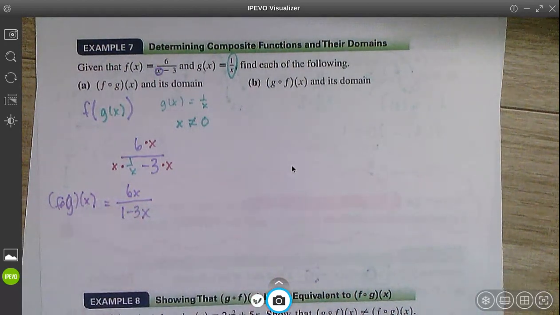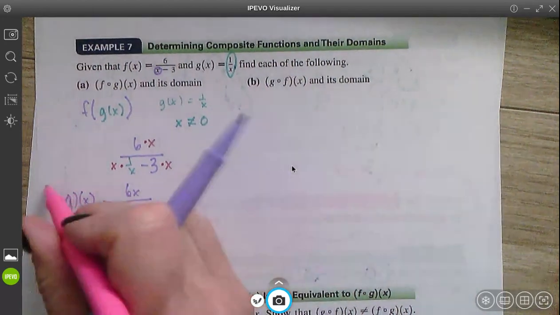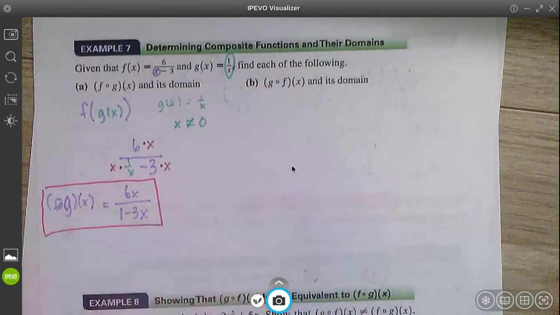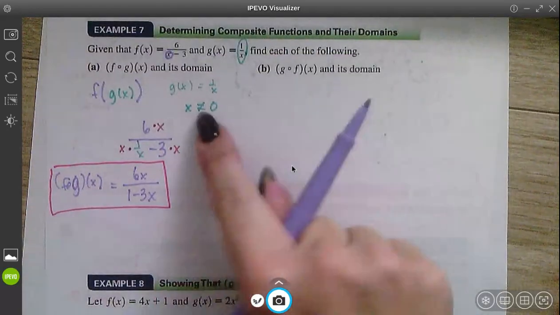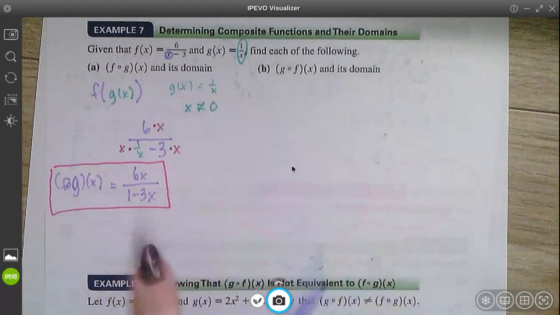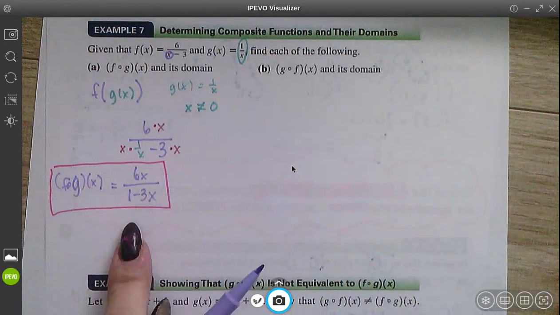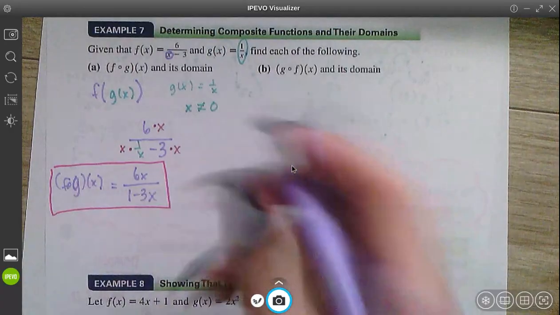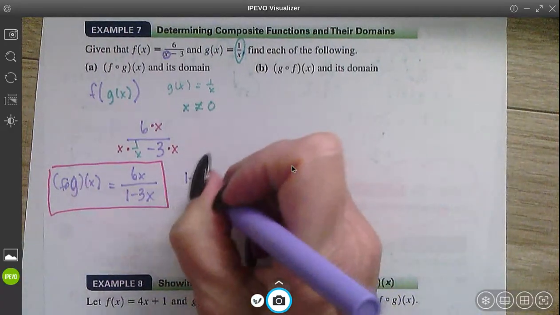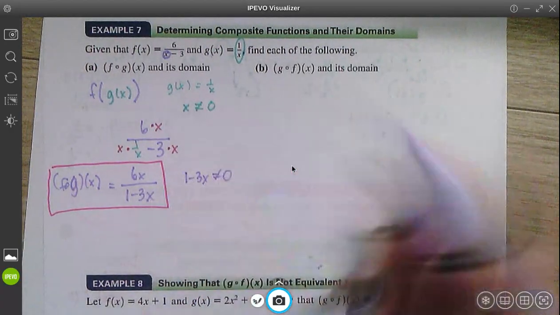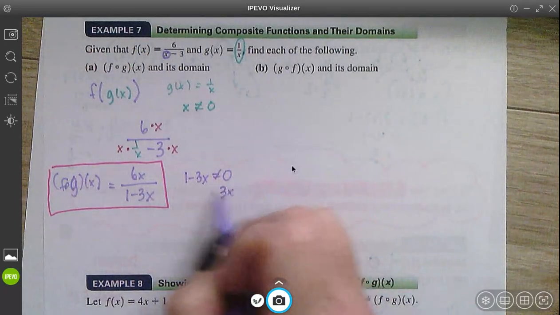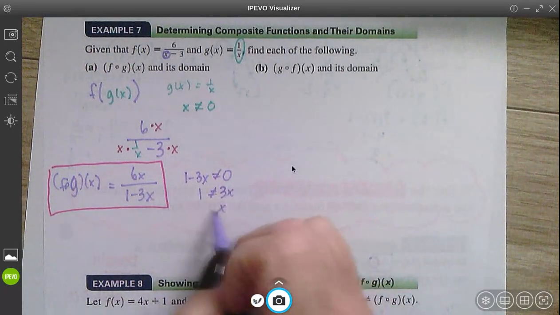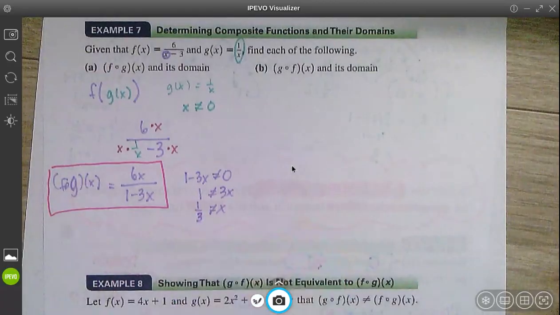That's the function. Now let's get the domain. For the domain, I have to consider the input domain and the final function domain. In this final function, I see I have stuff in the denominator. So I need to take 1 minus 3x, set it not equal to 0, and solve that equation and get x cannot equal 1/3.